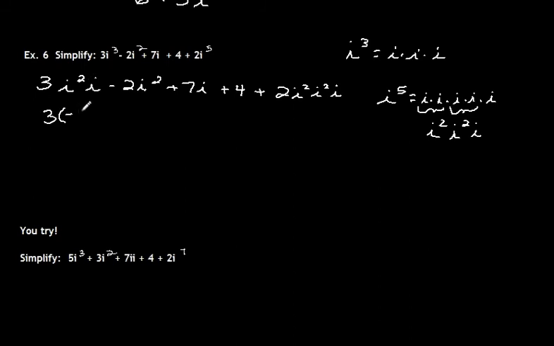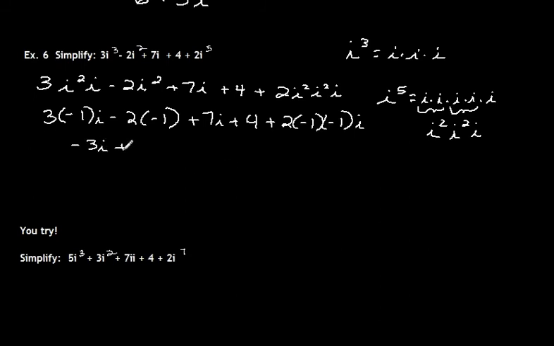So i squared is negative 1, i, minus 2 times negative 1, plus 7 times i, plus 4, plus 2 times negative 1 times negative 1 times i. Keep simplifying. Negative 3i plus 2 plus 7i plus 4 plus 2i.